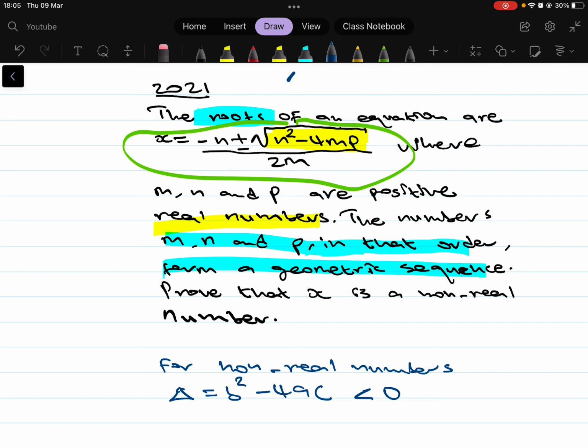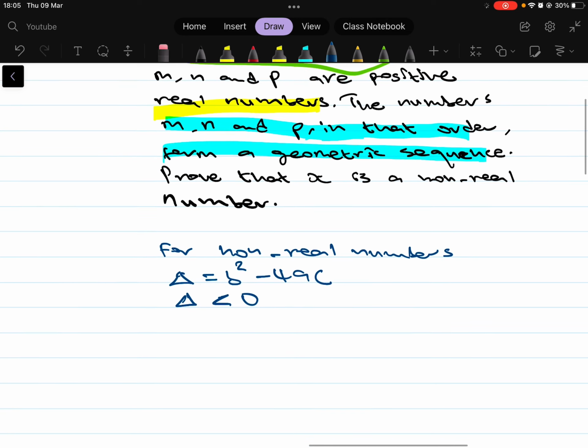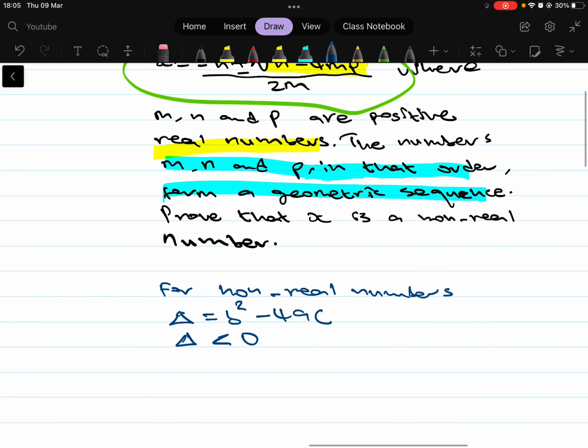Usually this is how you are supposed to write things: discriminant is less than 0, like that. Sorry for that.